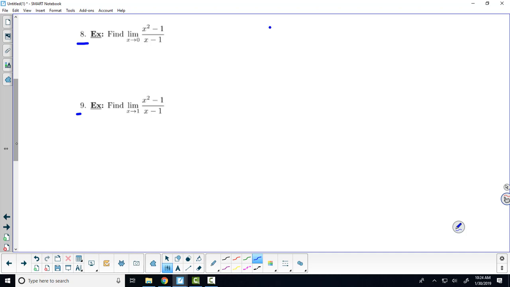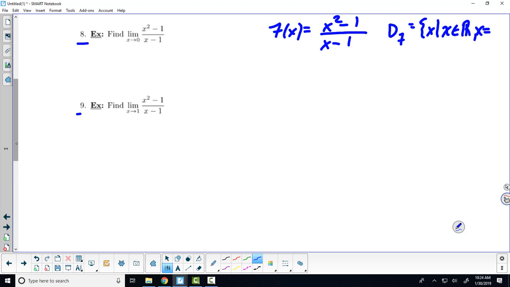So if I say f of x is this rational function x squared minus 1 over x minus 1, then the domain of f is the set of x such that x is any real number except that x does not equal what? 1. Yeah, you can't plug a 1 into this function because if you did, you'd get a 0 in the denominator. Okay? That's one way to write the domain. Another way is to say it's minus infinity to 1 union 1 to infinity.